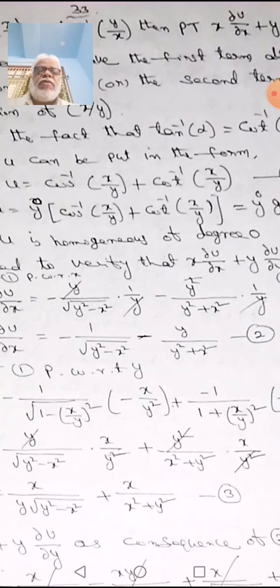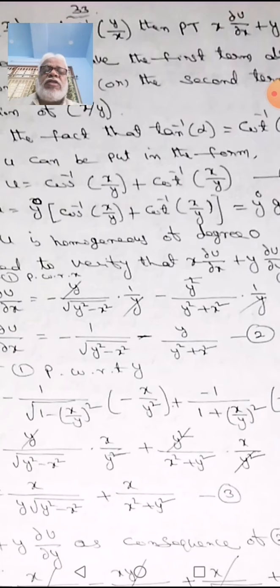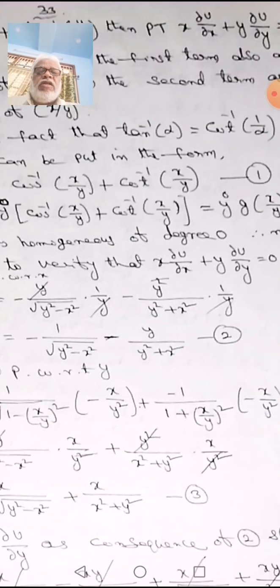Same for the second term, minus cot inverse x by y, whose derivative is minus 1 by 1 plus x square by y square, meaning y square by y square plus x square, since y square goes in the numerator, into the derivative of x by y with respect to x, which is 1 by y.